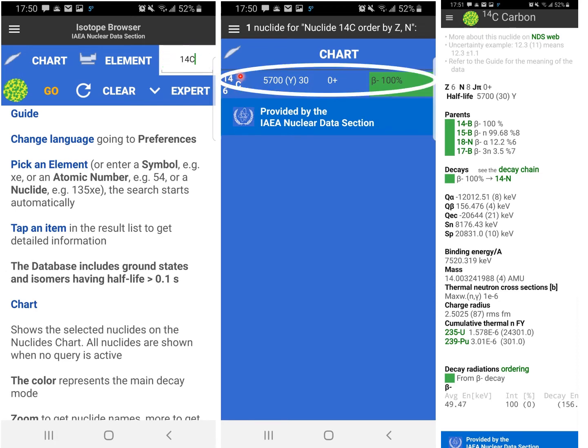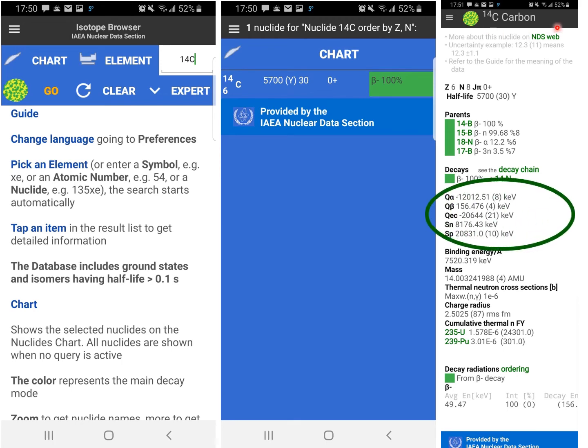Here would be the information: carbon-14, the half-life, the spin and parity, and the decay mode, followed by the percentage or any sort of branching ratios. You would select this, and it would bring you over to the next page, which has the information on carbon-14. It gives you the references, the number of protons, neutrons, spin and parity, the half-life, the parents, the decays, and it gives you these Q values.